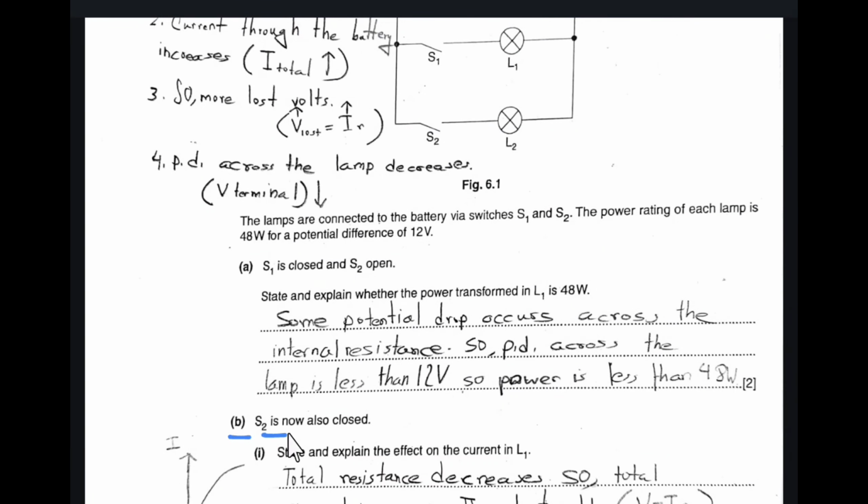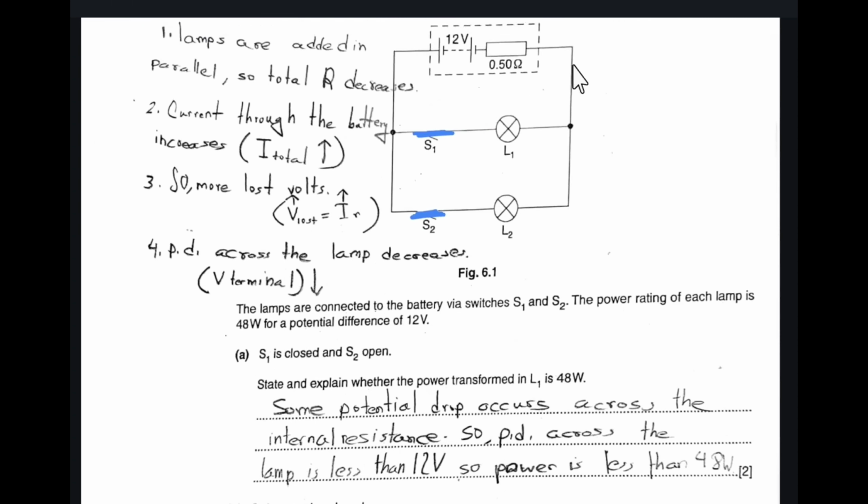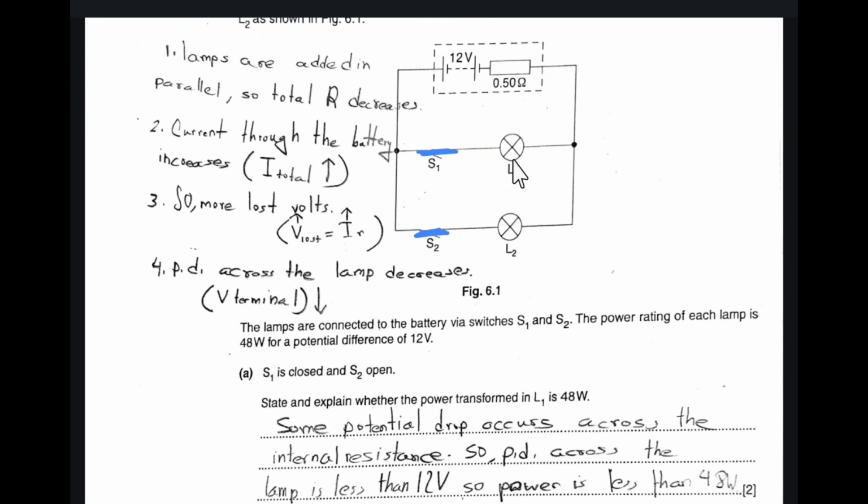In part B, switch S2 is now closed. Initially S1 was closed, now S2 is closed. State and explain the effect on the current in L1. As the switches are closed, we can see that this is a parallel arrangement, and in a parallel arrangement the resistance decreases.